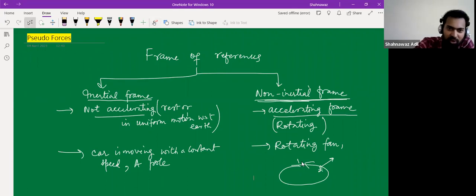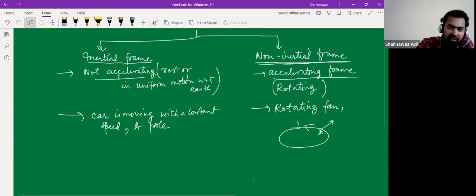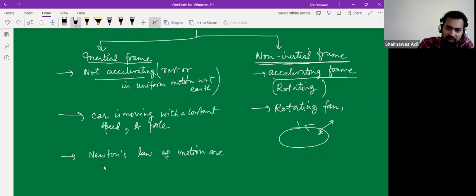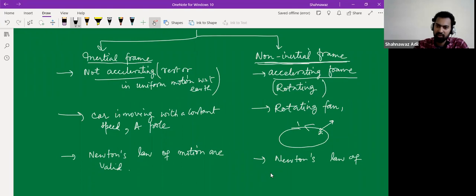So the property of the inertial frame is that all Newton's laws of motion are valid. And in the non-inertial frame, Newton's laws of motion are invalid.